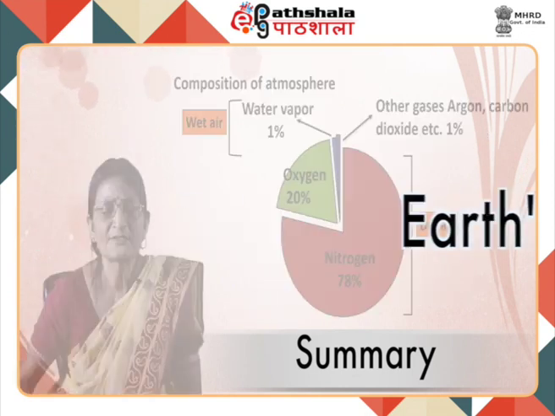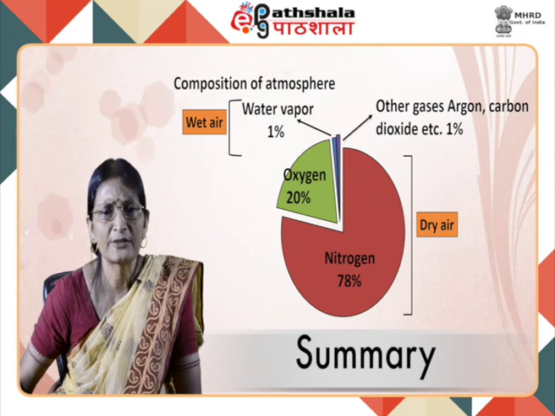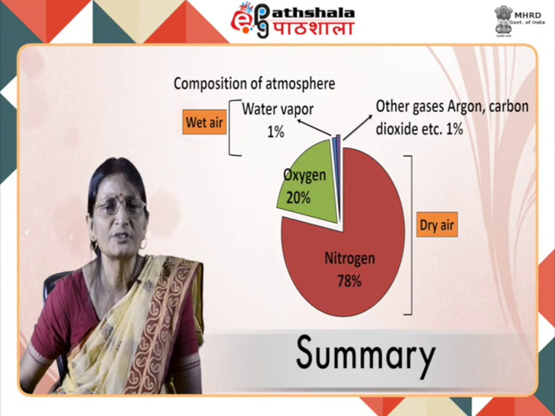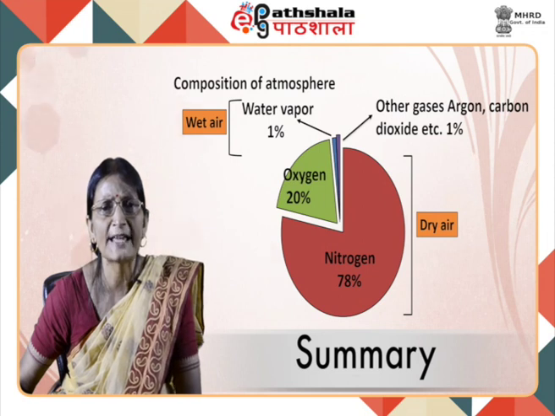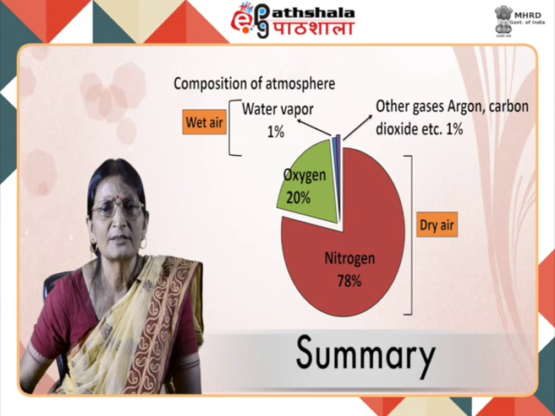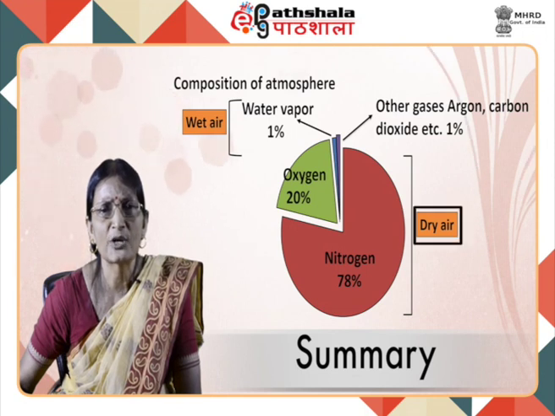Earth's atmosphere, as we already said, is made up of air. Air is a mixture of gases. The major components of air are nitrogen and oxygen. There are some minor constituents such as argon and some trace constituents, which are the other noble gases and carbon dioxide.